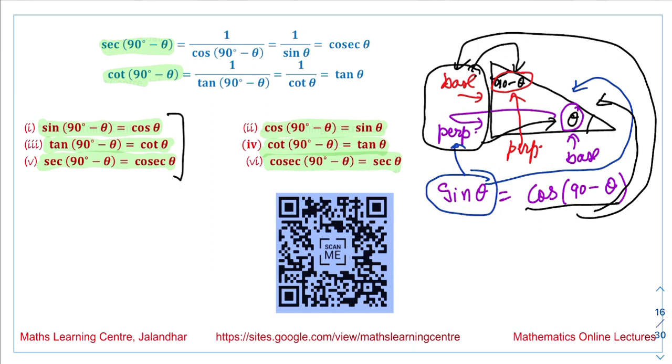That is why we obtain these relationships, the trigonometric ratios corresponding to the complementary angles.